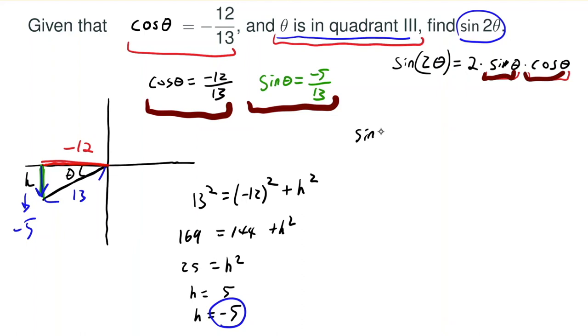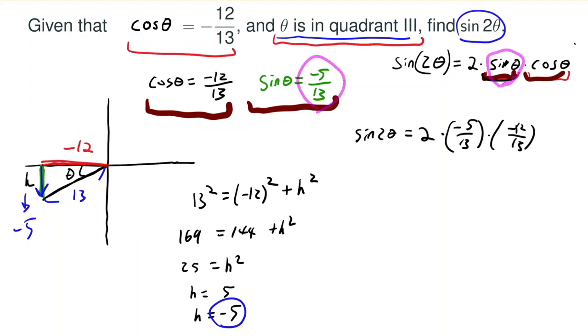Sine 2 theta equals 2 times sine theta, and the entire sine theta is negative 5 over 13. Cosine theta is negative 12 over 13. Remember, sine theta is negative 5 over 13. We're not plugging negative 5 over 13 into sine. Sine of theta gives us this value. Same thing, cosine of theta gives us this value.